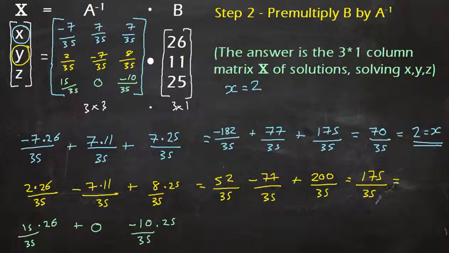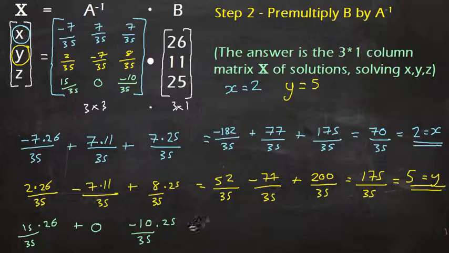The 35 goes into 175 5 times, because 5 30s are 150 and 5 5s are 25. So that is equal to 5, which is equal to y. So we've solved y. So y equals 5.